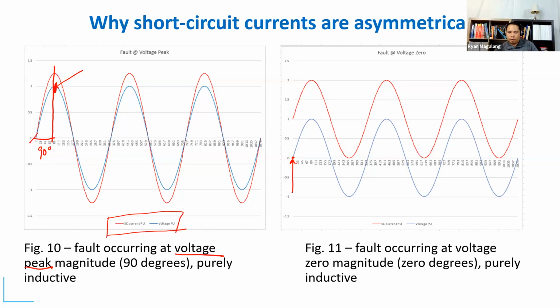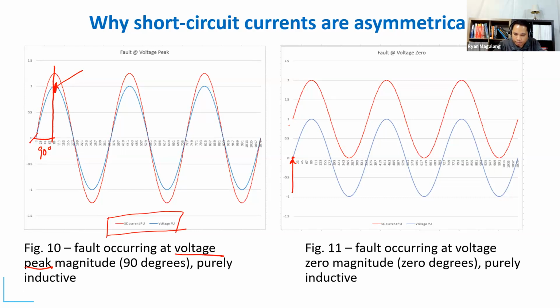Now, because the fault current needs to lag the voltage by 90 degrees, and it's physically impossible to make that stepwise change in zero time, because in an inductive circuit, the inductor opposes sudden changes in current, that's why you have this offset.